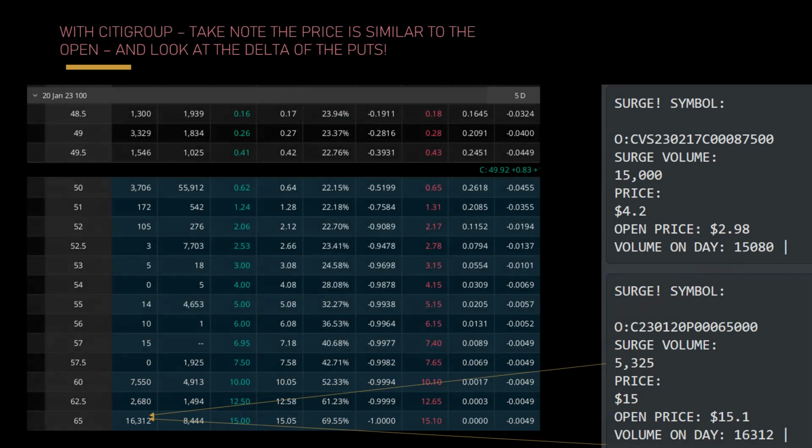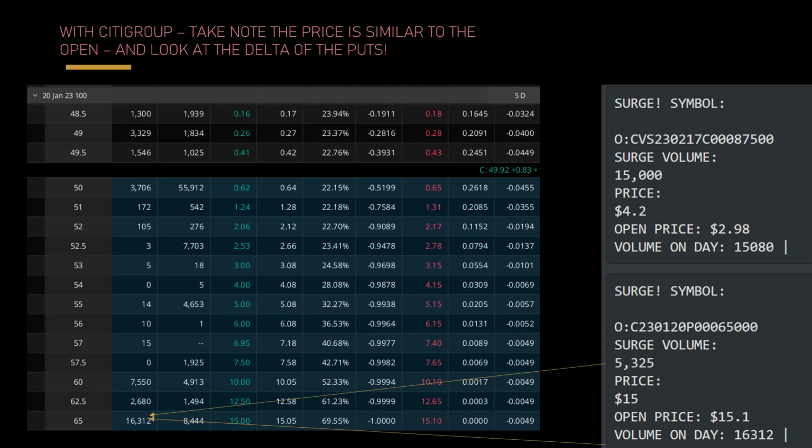Pretty crazy. Now with Citigroup, on the other hand, I want you to take notice of the price and how it's similar to the opening price. They got it at a very shallow discount. But what's important to note here is the delta.